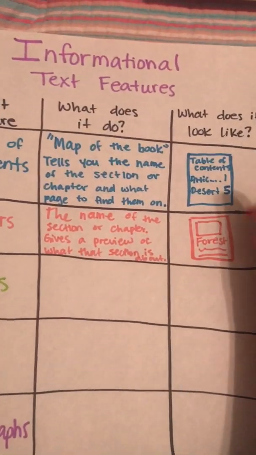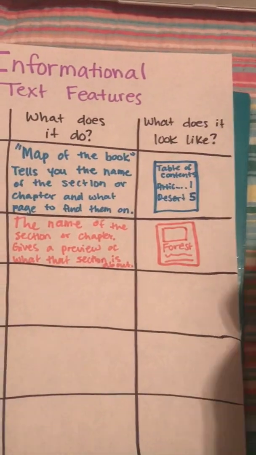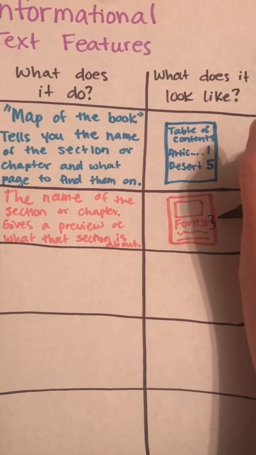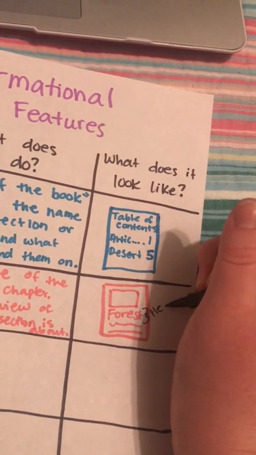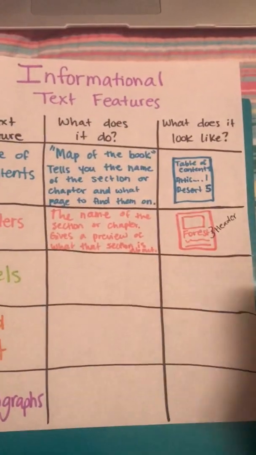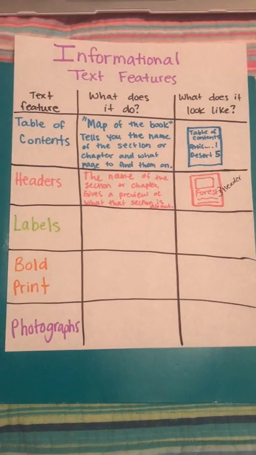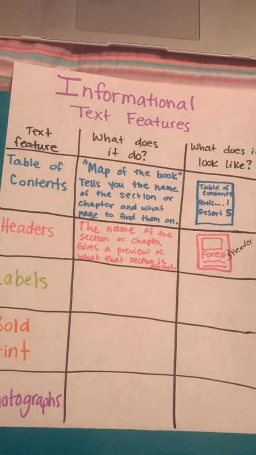And what the header is going to be is this part right here where it says forest, because that is what the section is about. So that right there is the header. And we'll be able to look at that again whenever we read this book one more time.